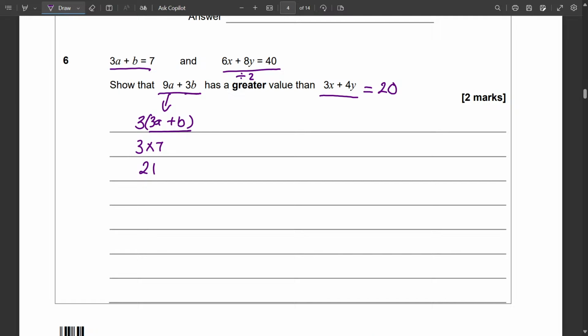Once you know this is going to be 20, you can compare it. This is 21, that's 20. So we showed it already. We're saying 21 is bigger than 20, so this has a greater value than this. And you get 2 marks for doing that.